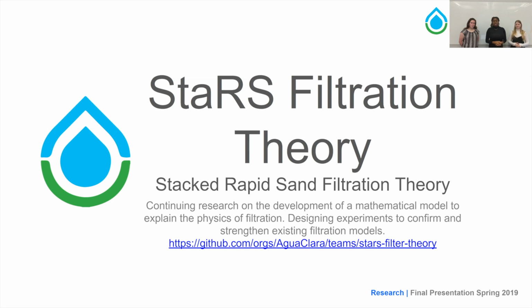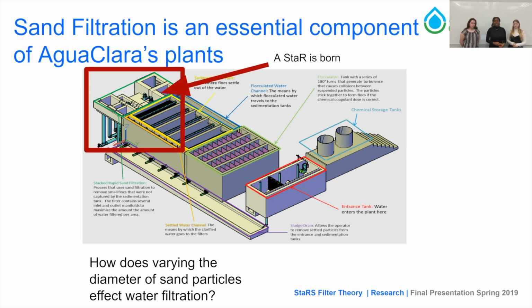But we are the Stacked Rapid Sand Filtration Theory team, and our team is working on continuing the research on developing a mathematical model to explain the physics of filtration. Sand filtration is a very important component of an AguaClara plant.